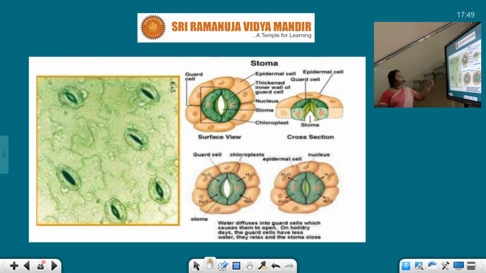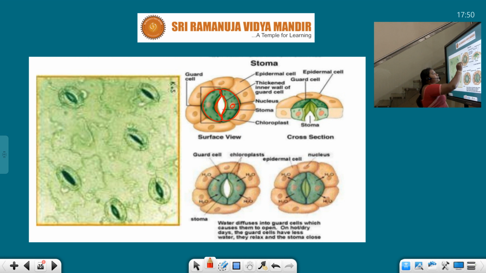Right. See children, let us see the magnified pictures of the stomata. Very important, students. These are the kidney-shaped or bean-shaped guard cells, and the guard cells have a nucleus.